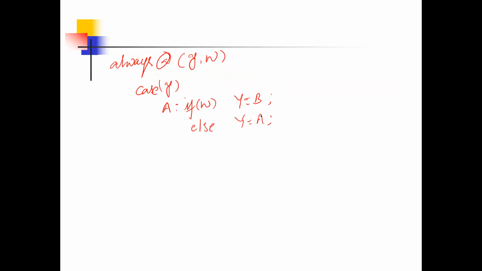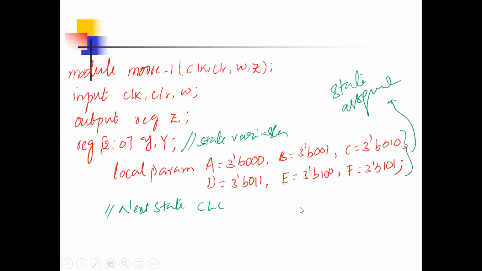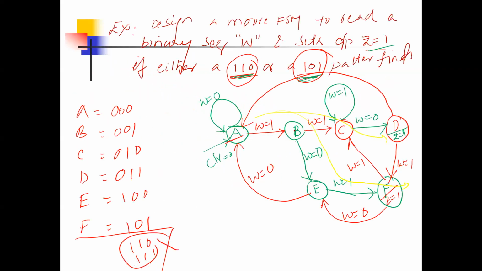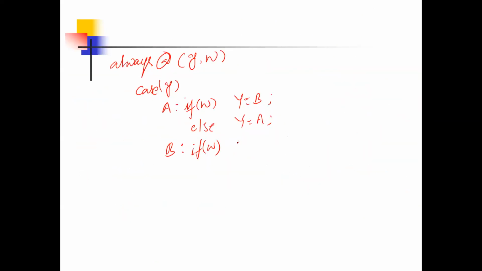Okay. So now suppose you are at B. If W, again go to the state diagram. B, 1 means C, 0 means E. Yes, Y is equal to C, else Y is equal to E. So next C. If W, again check it.